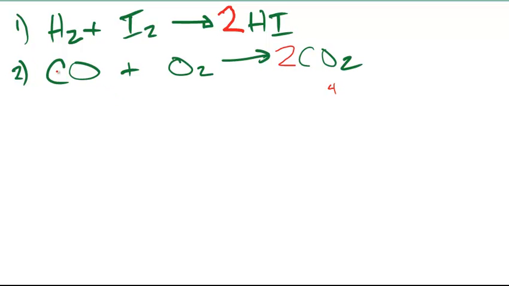But if we put a 2 here, then we have 2 carbons on the left, 2 carbons on the right, and 2 oxygens plus these 2 oxygens. That's 4 over here. 2 times 2 is 4, as we said. And there you go. That's the balanced chemical equation: 2, 1, and 2. Great.